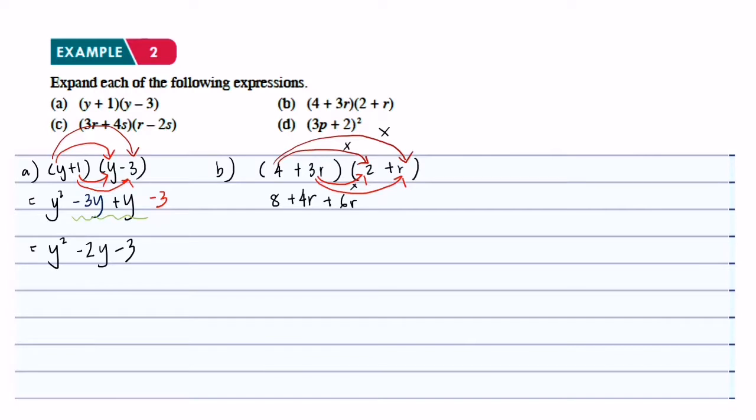And 3r times r equals positive 3r squared. 4r plus 6r equals 10r. So if I write it down, 8 plus 10r plus 3r squared.